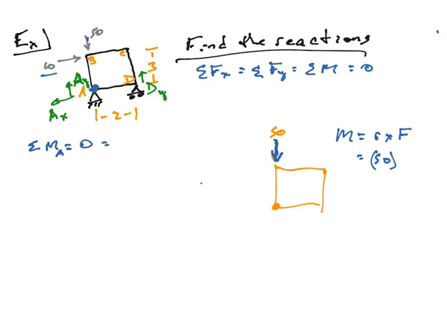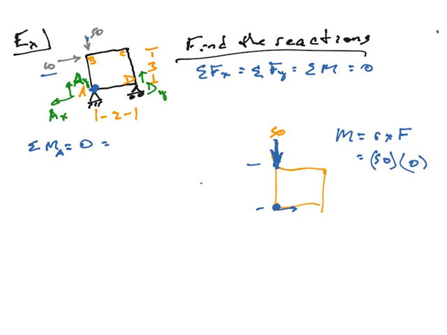That means I want the horizontal distance. So if this is the point of rotation, and this is the force here, what's the horizontal distance to that force? Well, it's just 0. There is a vertical distance to the force, but there's not a horizontal distance. Since the horizontal distance is 0, the 50 does not give a moment.